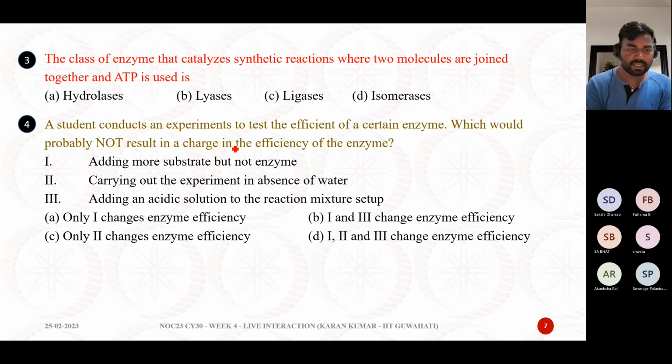A student is testing the efficiency of an enzyme. So which would probably not result in a change in the efficiency of the enzyme? Adding more substrate but not enzyme, carrying out the experiment in absence of water, and adding an acidic solution to the reaction mixture setup.